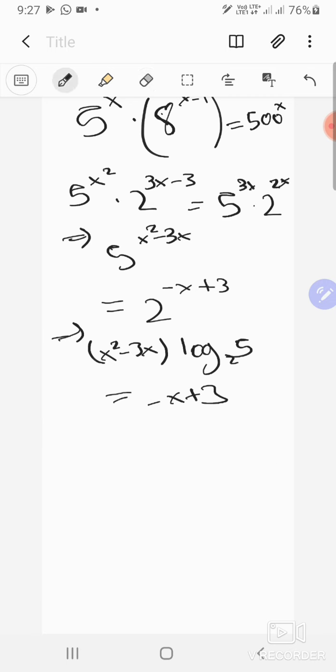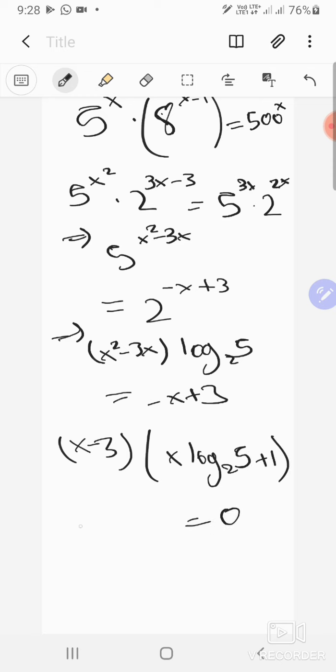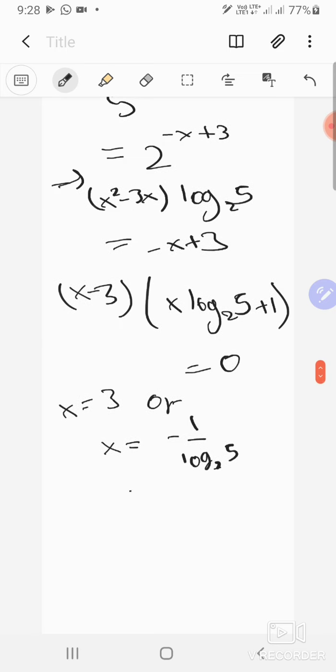Okay, so x minus 3 is a factor in all of them, so that gives me x minus 3 into x log base 2 of 5, and then that goes over this plus 1 is equal to 0. So either x equals 3, or x equals negative 1 over log base 2 of 5, which is basically nothing but log base 5 of 1 by 2.